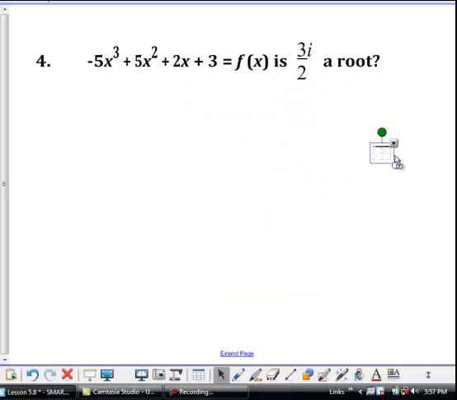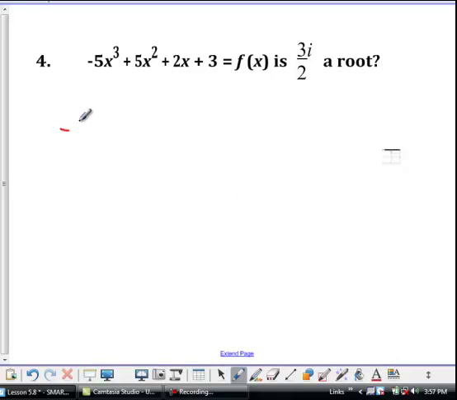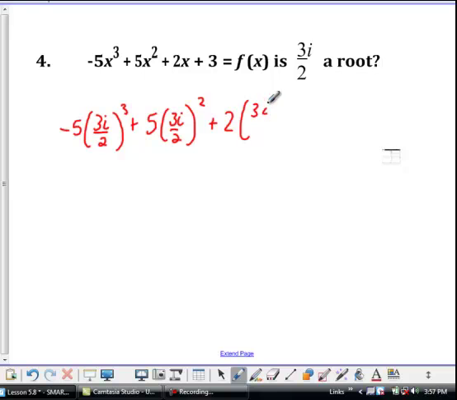So let's stick that 3i over 2 into the problem. And that better all equal 0 when we figure it out. Well, right here I like this. This 2 and this 2 cancel out, so I know that's 3i.